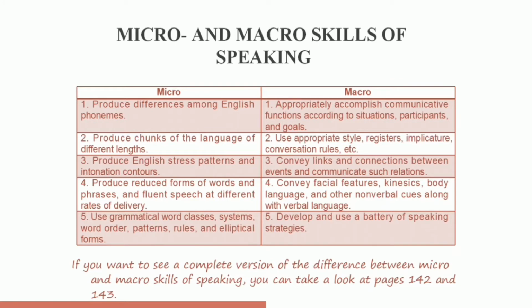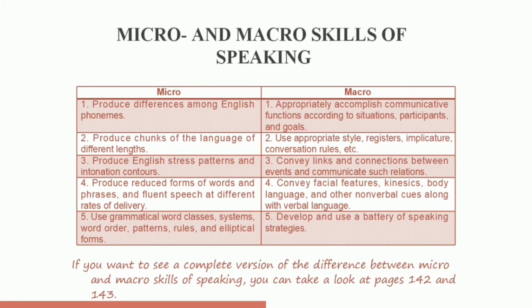Kinesics is body motion communication, such as facial expression or gestures. The last one, develop and use a battery of speaking strategies, such as stressing and emphasizing keywords, rephrasing, and providing a context for analyzing or interpreting the meaning of words.